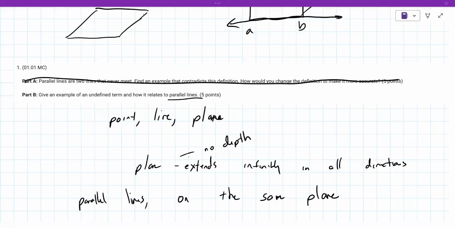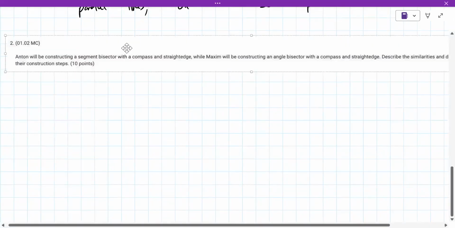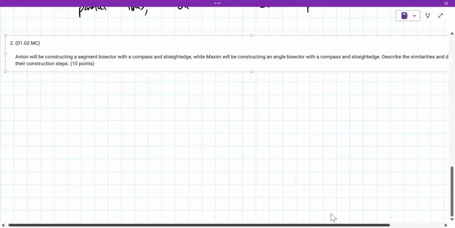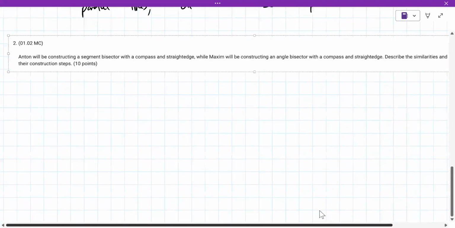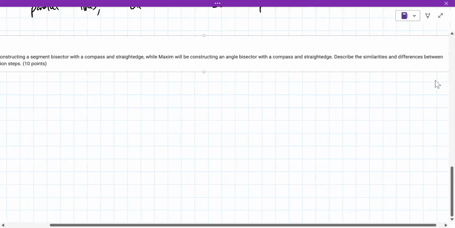Yeah, there it is. It's more like a word problem. Anton will be constructing a segment bisector with a compass and straight edge, while Maxim will be constructing an angle bisector with a compass and straight edge. Describe the similarities and differences between their construction steps. Basically, the difference between constructing a segment bisector versus an angle bisector.